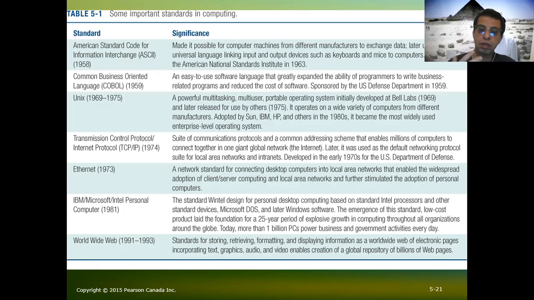And as we said, Microsoft DOS later became Windows software. The emergence of the standard low-cost product laid the foundation for 25 years of explosive growth in computing throughout organizations around the globe. Today, more than 1 billion PCs power business and government activities every day.